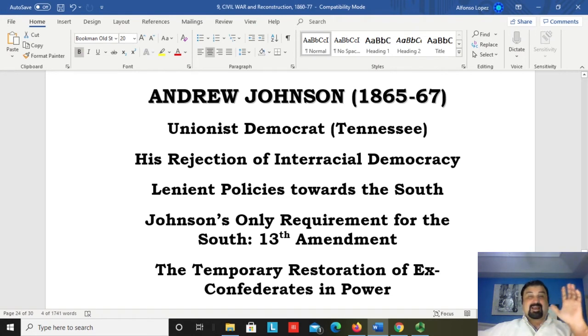Johnson says that that's not going to happen, at least under his watch. In other words, he's not going to allow that, because he doesn't believe in interracial democracy. He just doesn't, because he's a Southerner, by the way.